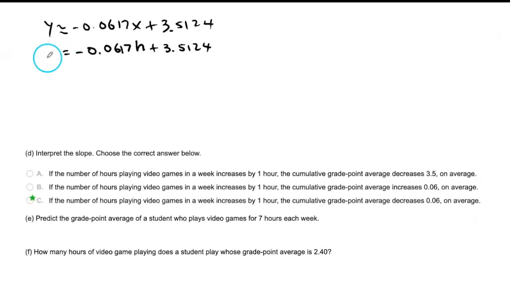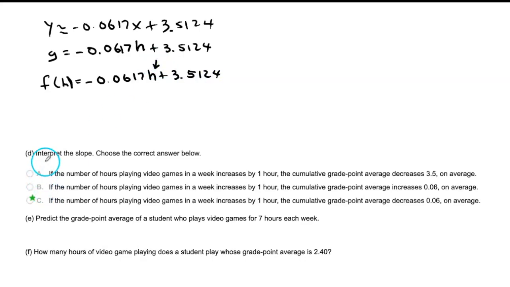Or I can also say f of H if I'm doing function notation. Negative 0.617 H, but again, everything depends on the number of hours I play.